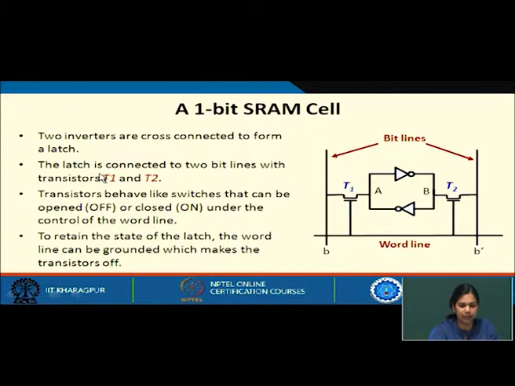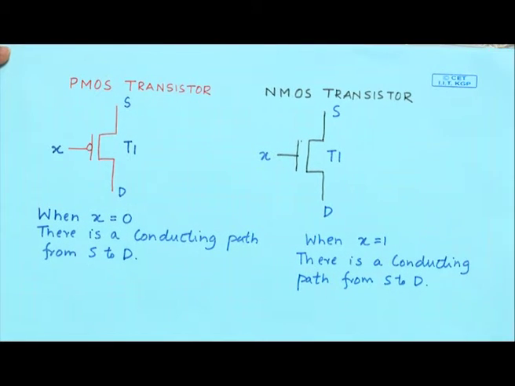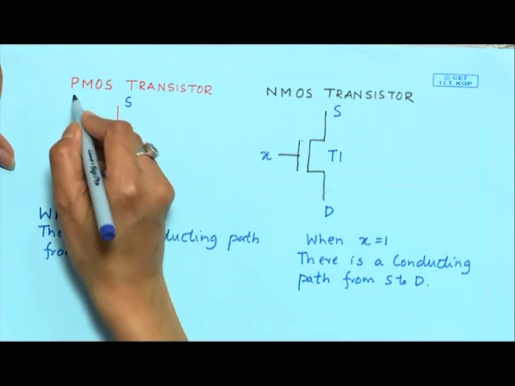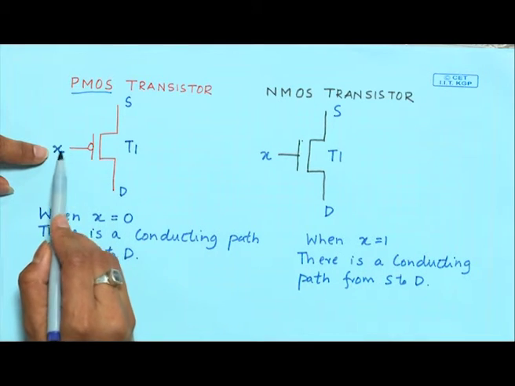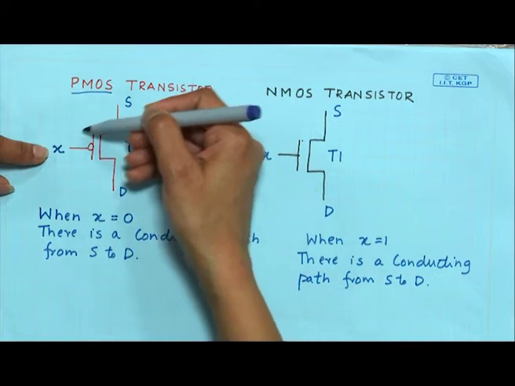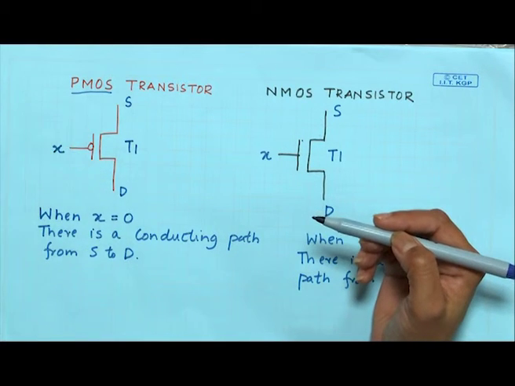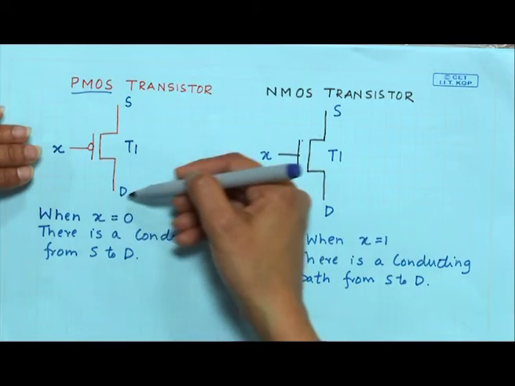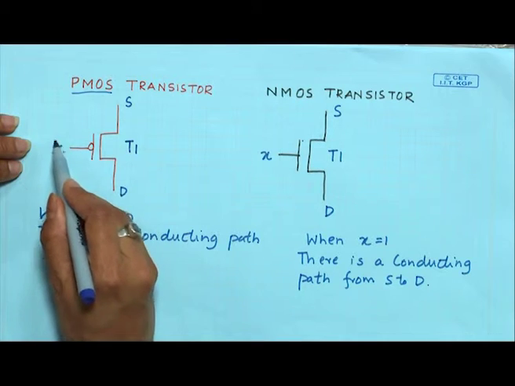Before going to this slide, I will just discuss two things: the PMOS transistor and the NMOS transistor. In this PMOS transistor, there is an input X, and a source and a drain. Basically, this transistor acts as a switch, and it is controlled by this input.